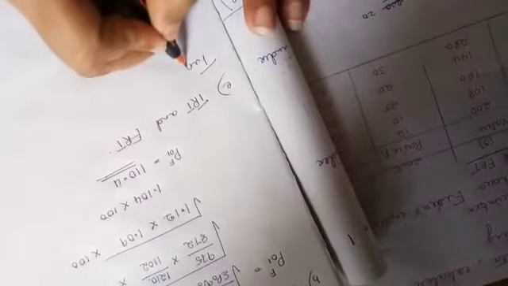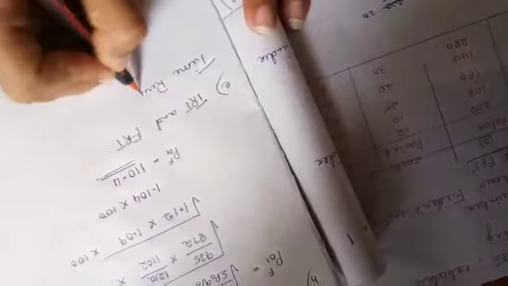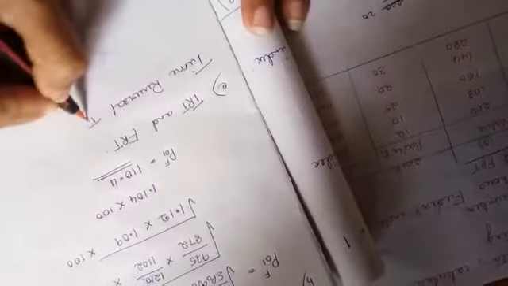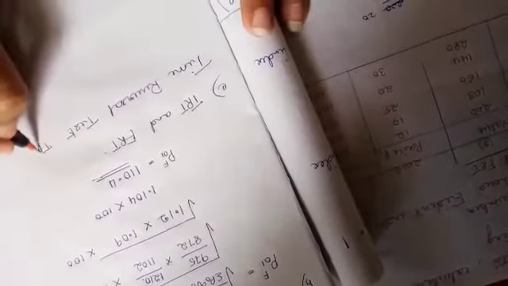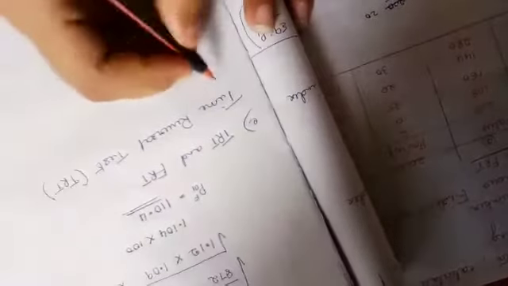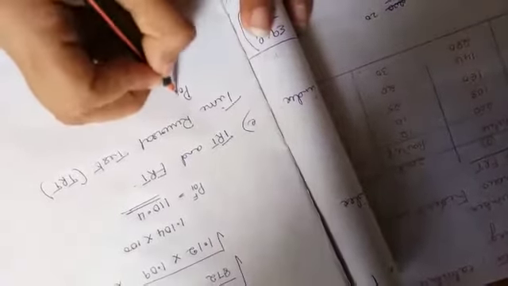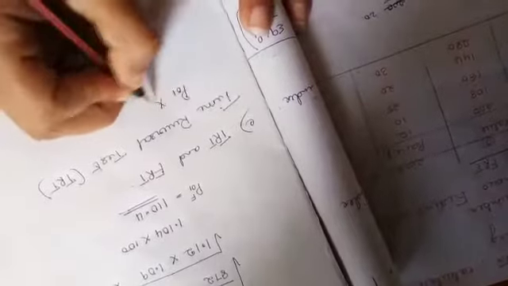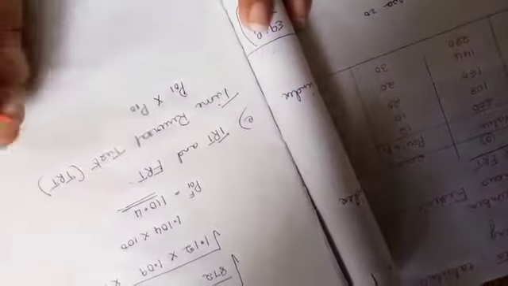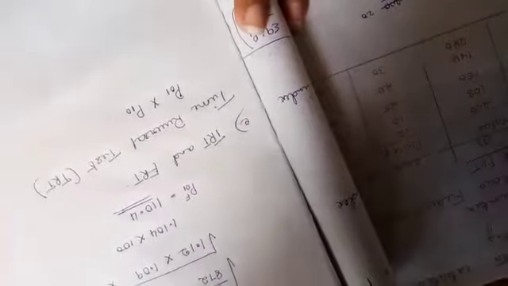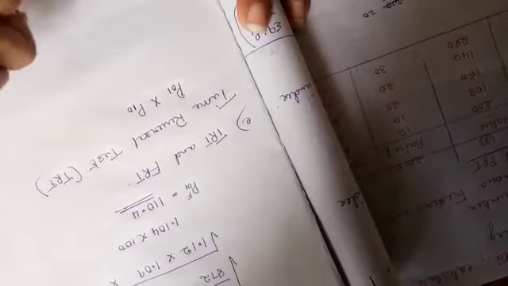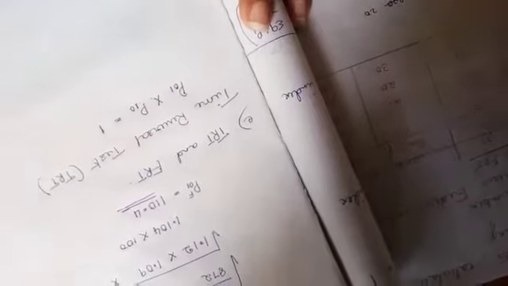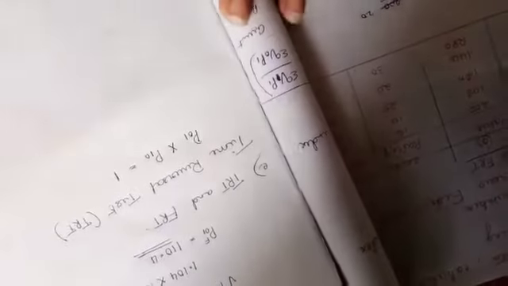First we will take the time reversal test, TRT. First we will write the formula: price of base and current year into price of current and base year. When the time of base and current year is interchanged, it should give you the value as 1.